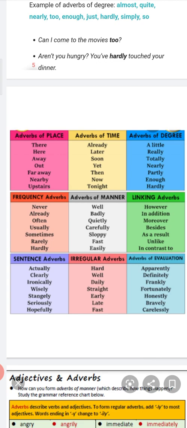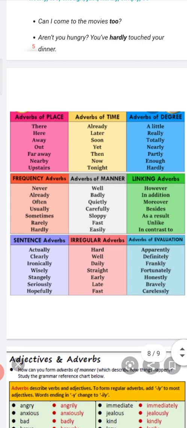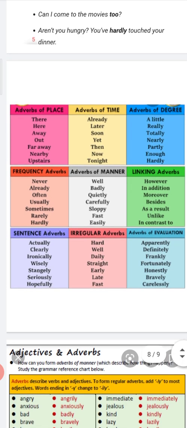Then adverbs of manner: well, badly, quietly, carefully, sloppily, fast, easily. Linking adverbs: however, in addition, moreover, besides, as a result, unlike, in contrast to. So you will be focusing on adverbs of place, time, degree, frequency and manner.